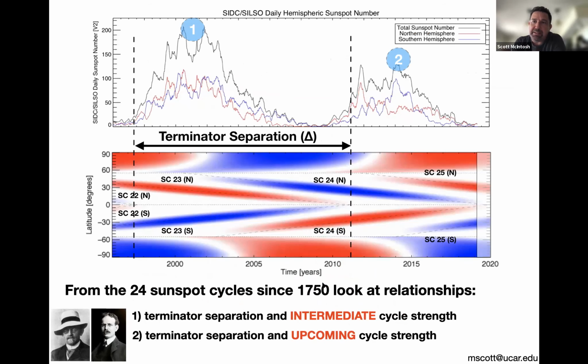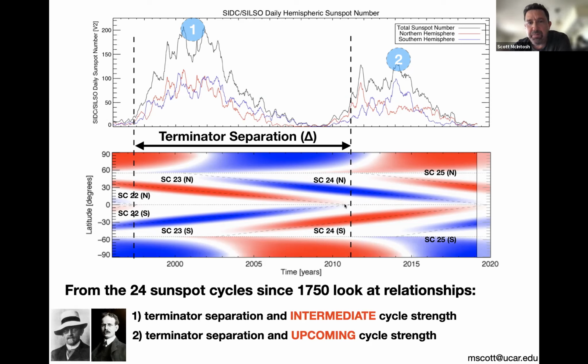And so I'm now going to get to the rub of what this means. I'm going to do two experiments. I'm going to look at consecutive terminators, so the separation between terminator events in that record of 24 versus the upcoming cycle strength, so number 2, or the intermediate cycle strength, so number 1. Remember that my instinct tells me that the separation of these two actually tells me about what's coming next.